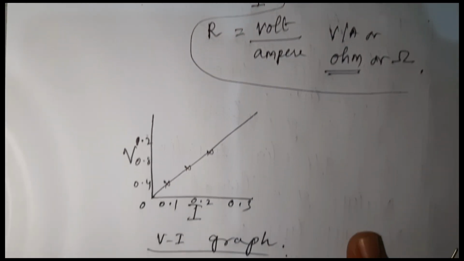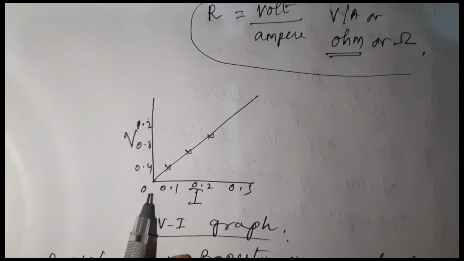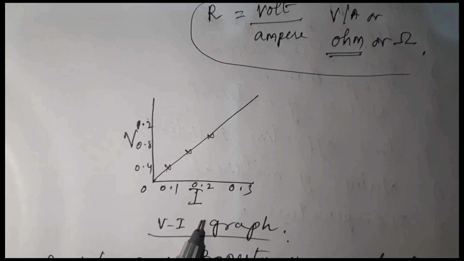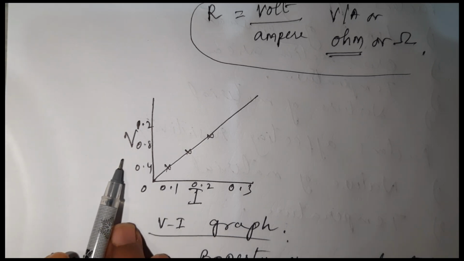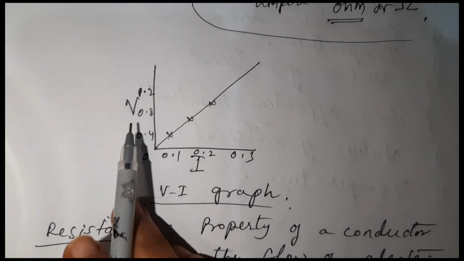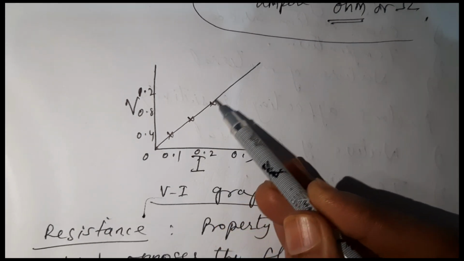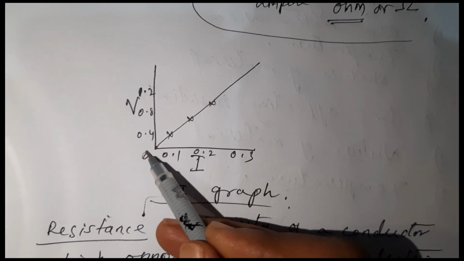They can ask to represent Ohm's law graph. Ohm's law graph is drawn using a V versus I graph, where V represents voltage and I represents electric current. If we plot voltage and electric current on graph paper, we find the graph is a straight line passing through the origin.